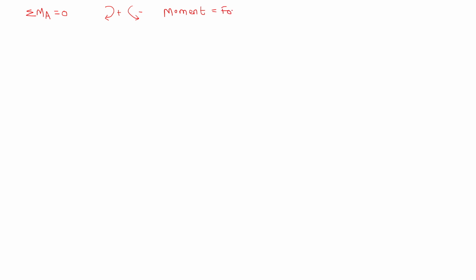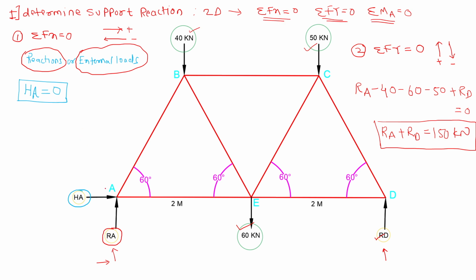It is force into perpendicular distance. We will take the moment at A, because HA and RA both are passing through A, they won't get any perpendicular distance. So the moment will be 0.